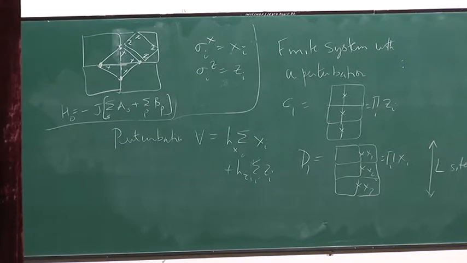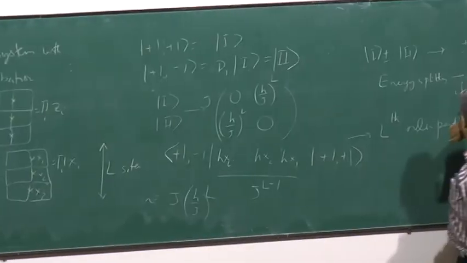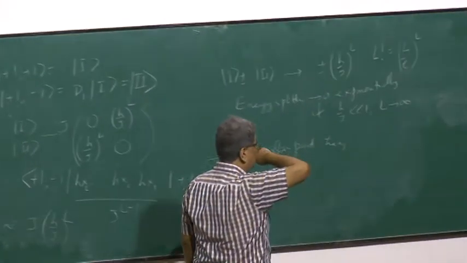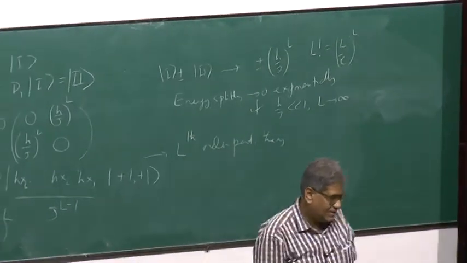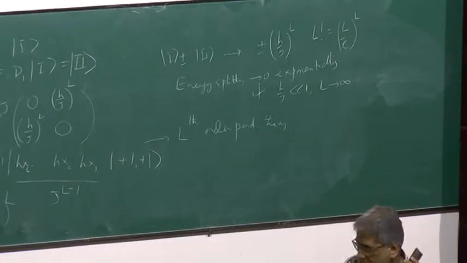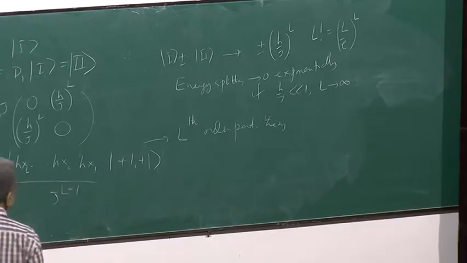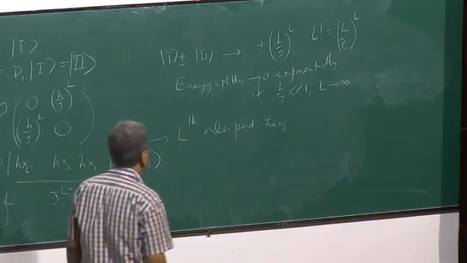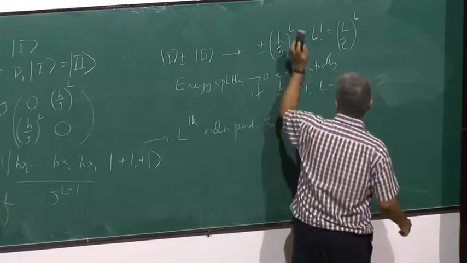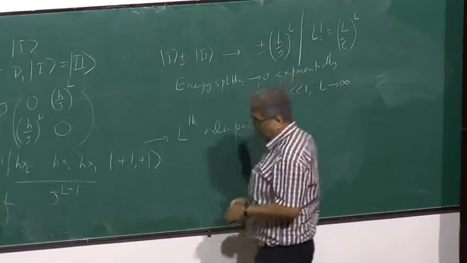So it is (h by j)^L over L factorial, yeah, because you are exponentiating h.